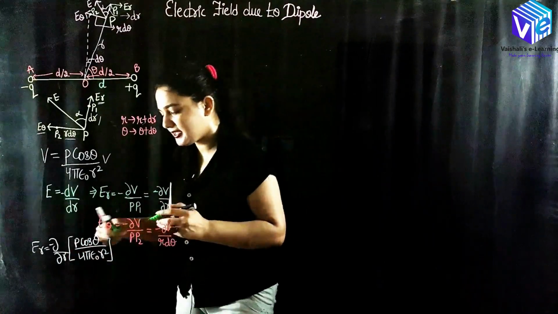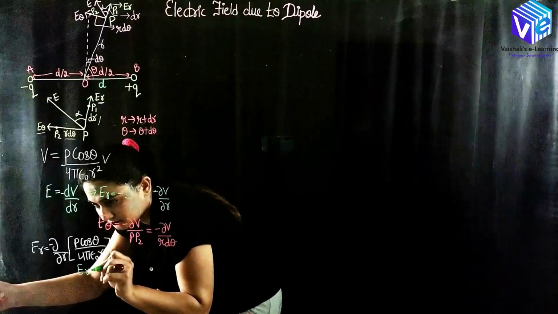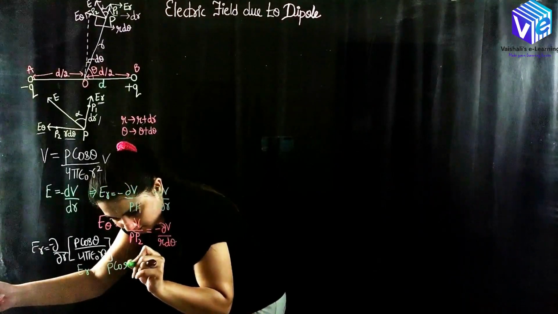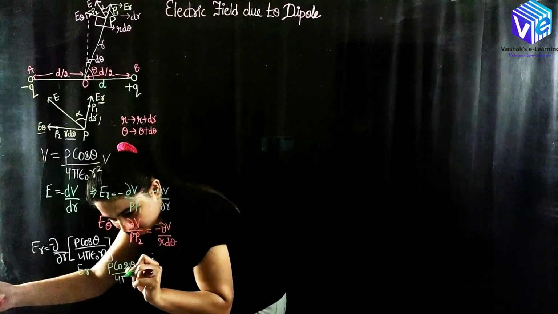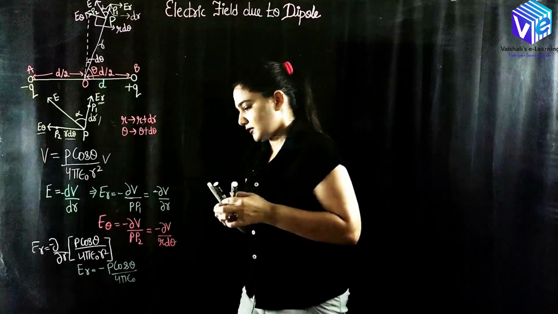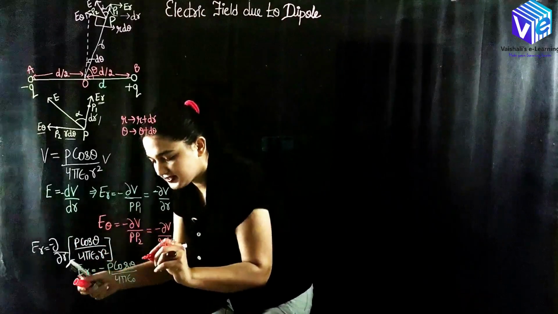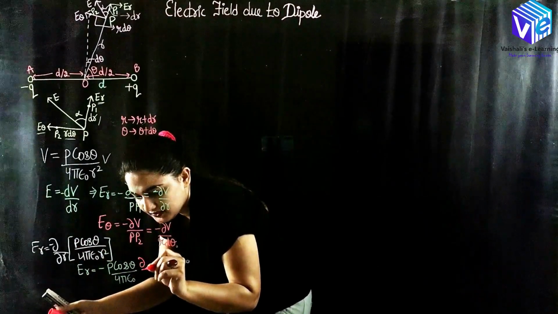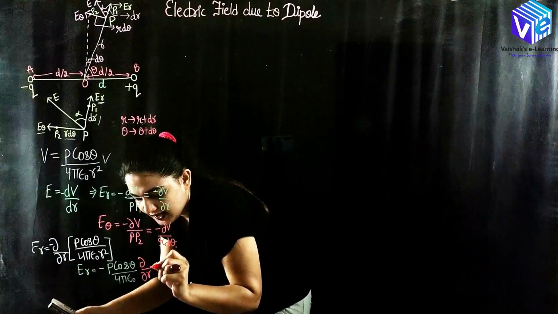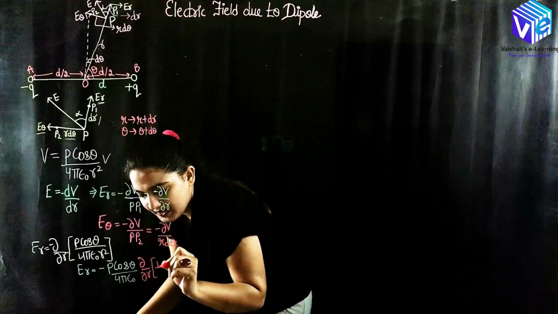So what will be the ER? I have taken all of the constants outside the differentiation, and here I am left with del upon del R of 1 by R square.